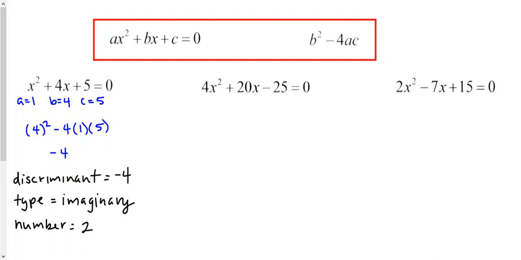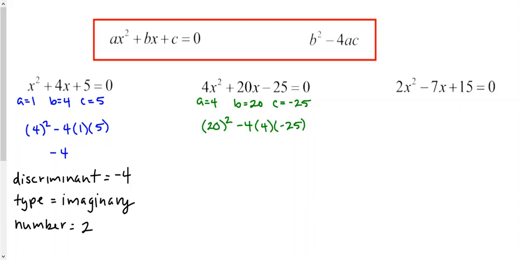All right, let's look at the second example. I have a equals 4, b equals 20, c equals -25. Because the quadratic was already in standard form, I'm just labeling it. Now if I plug that in, that gives me 20 squared minus 4 times 4 times -25.